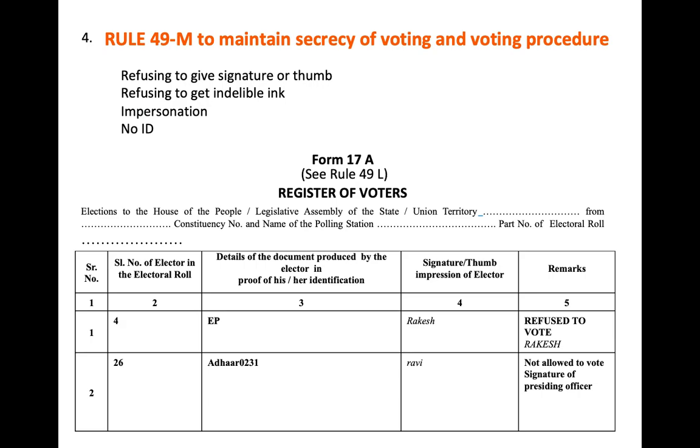In such cases, the presiding officer will not allow Ravi to cast his vote, and in the remark column will mention "not allowed to vote". And whose signature will we get here? We will get the signature of the presiding officer. If an elector doesn't want to vote, we get his or her signature. But if they are not following the voting procedure, we enter the signature of the presiding officer.